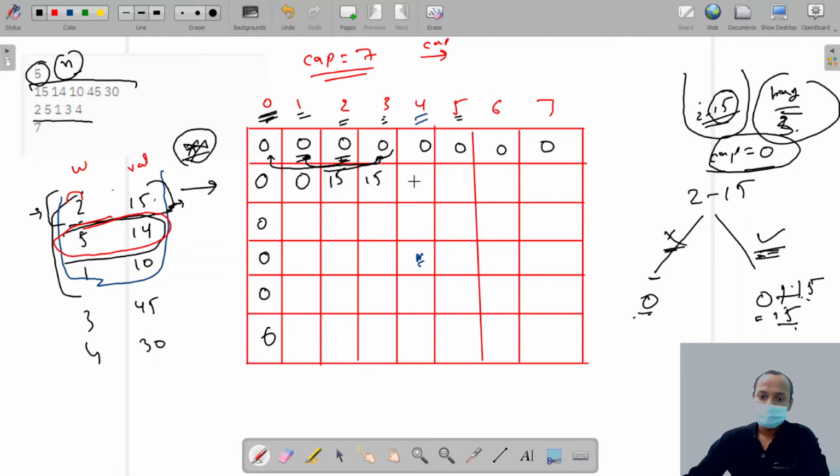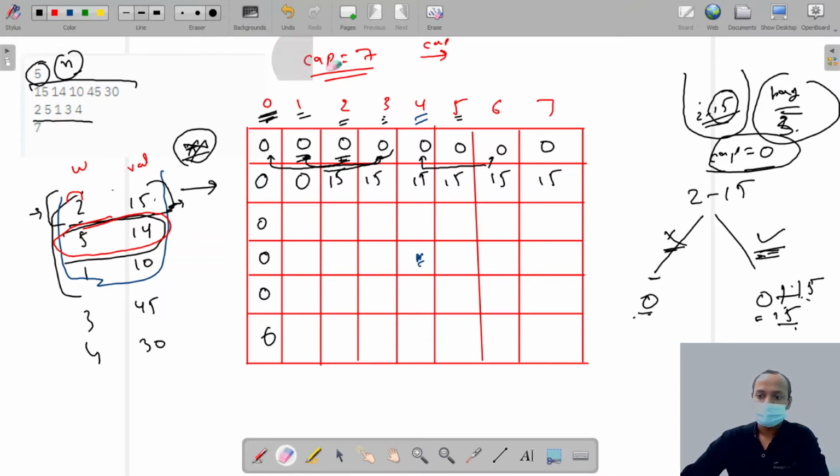So in every cell we write 15, because if we exclude we get 0, and if we include we get 0 plus the value of the item. So every time we get 15.